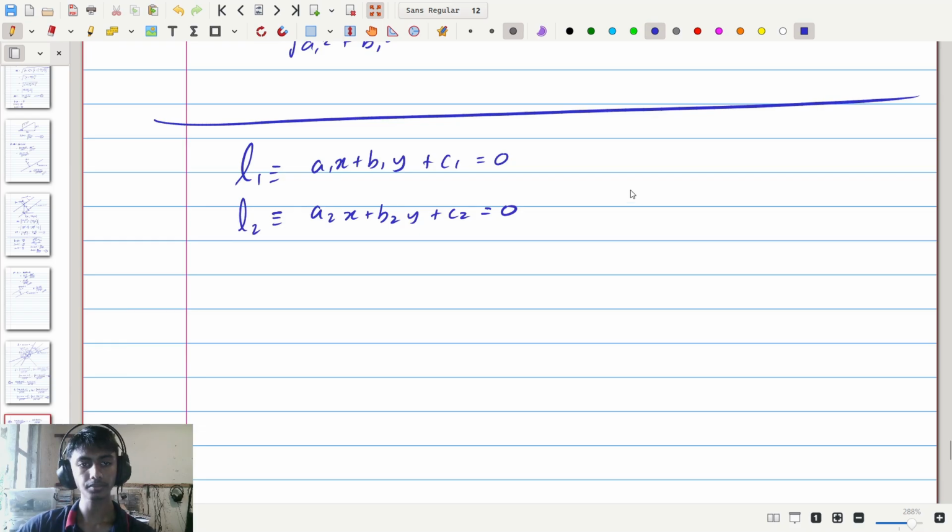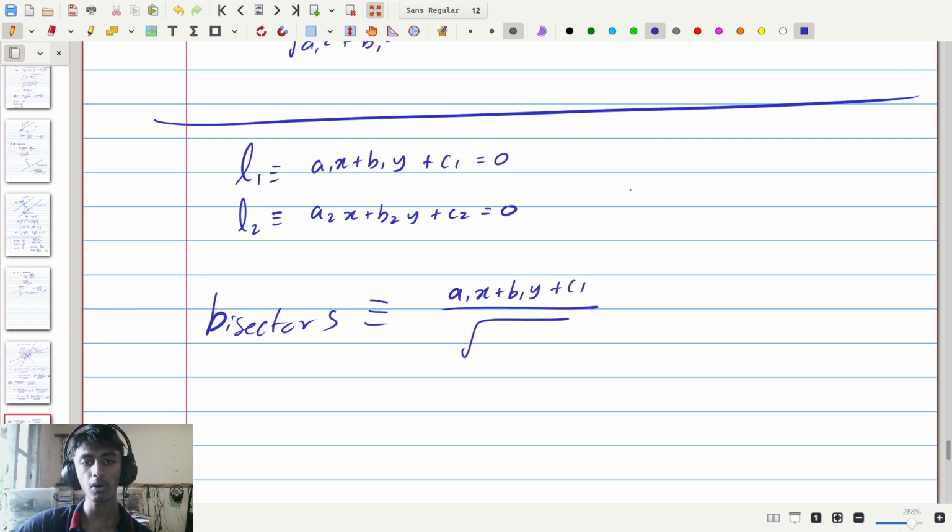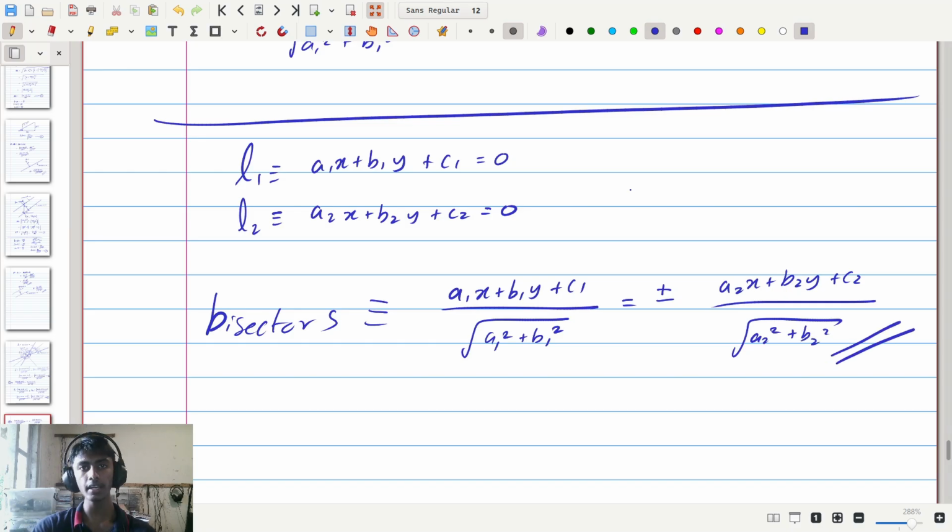In this case, the bisectors, where the S is important because both of them are included here, are given by a1x plus b1y plus c1 divided by the square root of a1 squared plus b1 squared equal to, to include both bisectors we put a plus or minus, and then a2x plus b2y plus c2 divided by the square root of a2 squared plus b2 squared. Again, this equation can be used wherever you want. All you have to do is state it and then apply it into your equation.